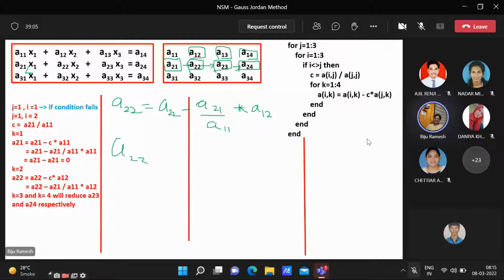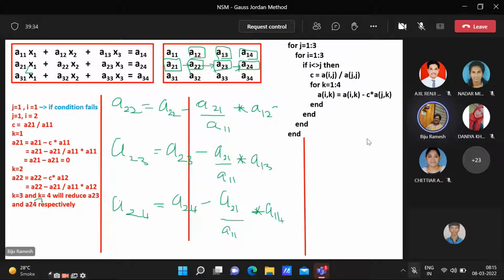So A23 will be A23 minus A21 divided by A11 into A13. A24 will be A24 minus A21 divided by A11 into A14. So some number you will get in all these three values.